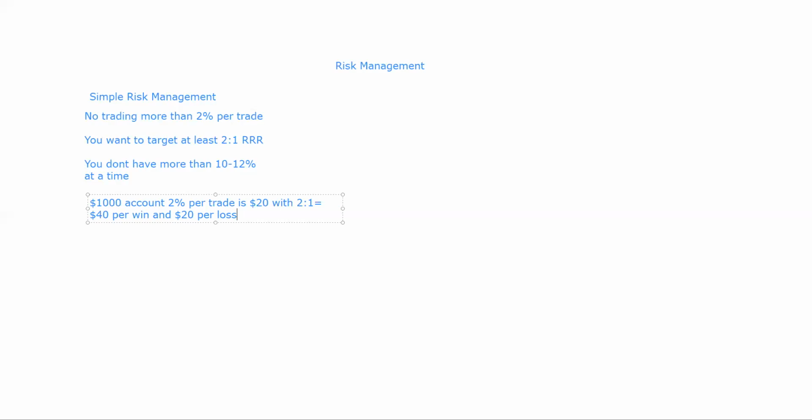So if you're doing $40 a win and $20 a loss, it's going to take you two losses to match up to one win. So two losses to match up to one win. That's three trades. You won one time, but you placed three trades. That's 33%. One out of three. It's 33% to break even.